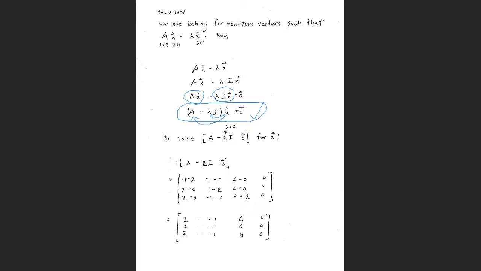But that doesn't mean that the vector X times A minus lambda I would be that you could factor it that way. You can't, because matrix multiplication is not commutative.